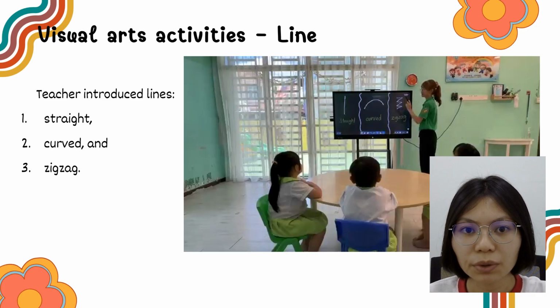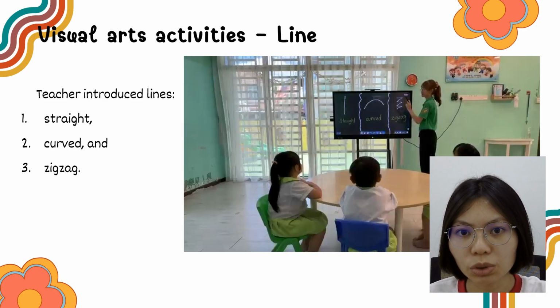The teacher will then demonstrate how to use a painted yarn to create colorful lines on paper. Children will fold the paper to make a symmetrical picture and observe whether their lines are straight, curved, or zigzag, developing both artistic skills and observation.